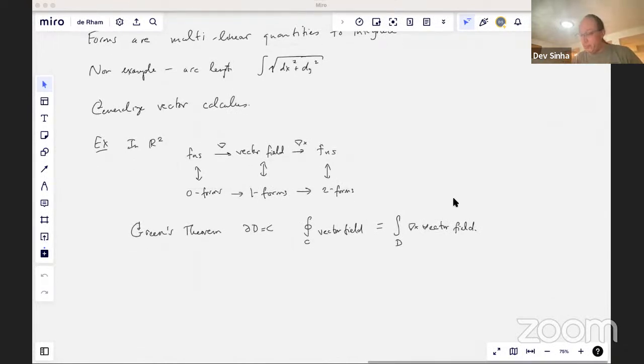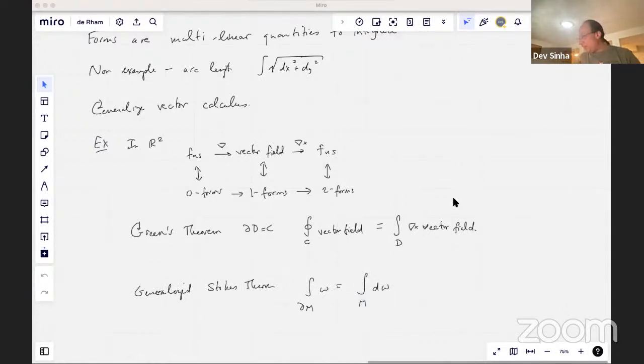And what this generalizes to is the generalized Stokes theorem, which says that the integral over the boundary of some manifold, so a region in the plane is an example of a manifold, of some form, is equal to the integral over the whole manifold of d of that form.